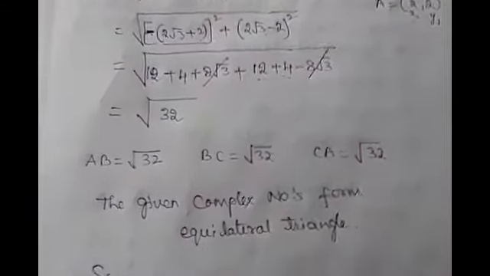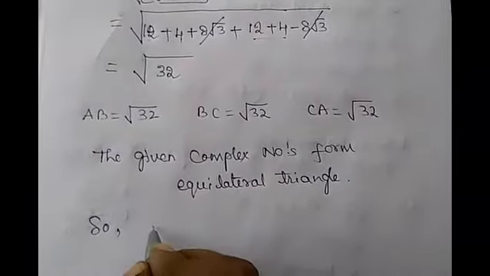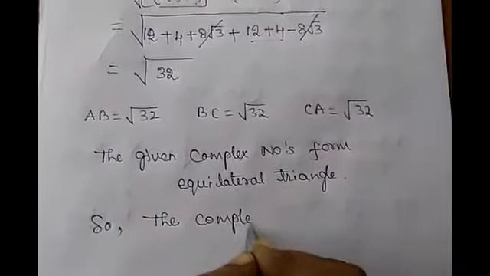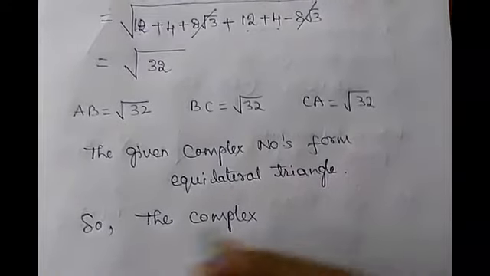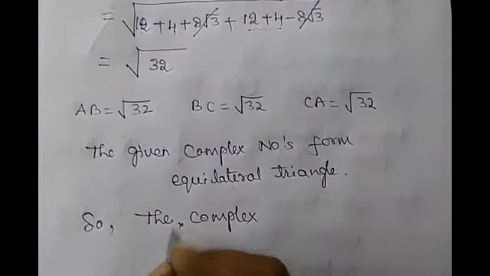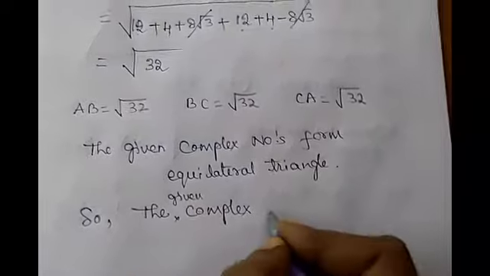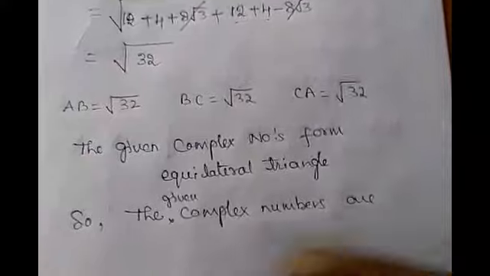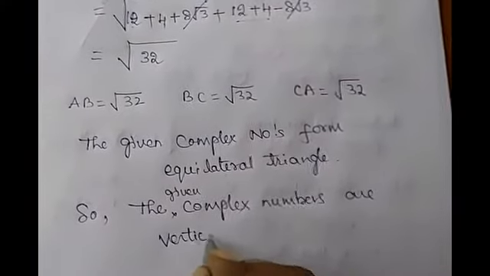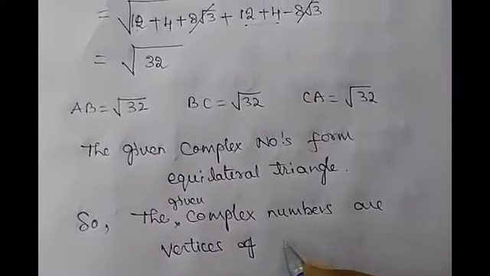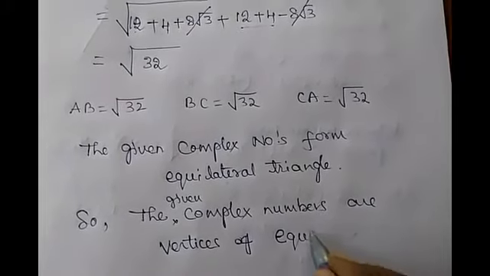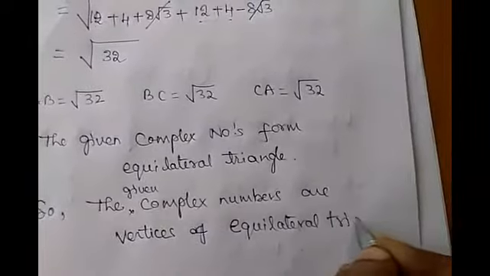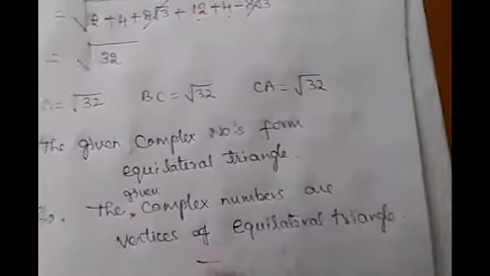So we can say that the given complex numbers are the vertices of the equilateral triangle. Hence proved.